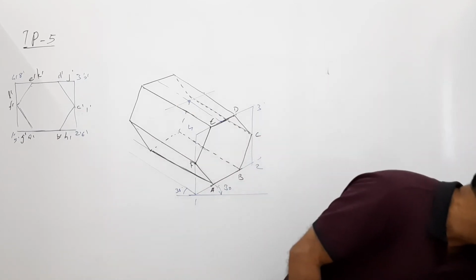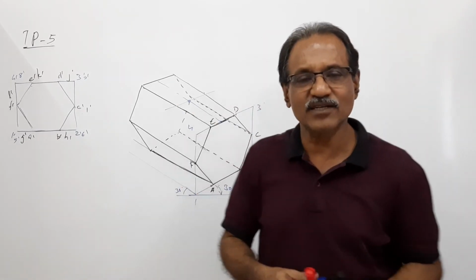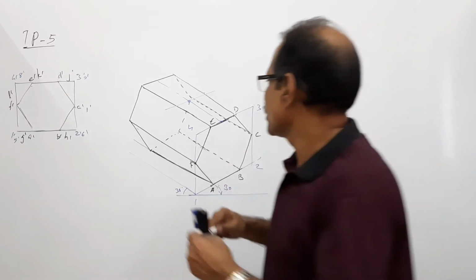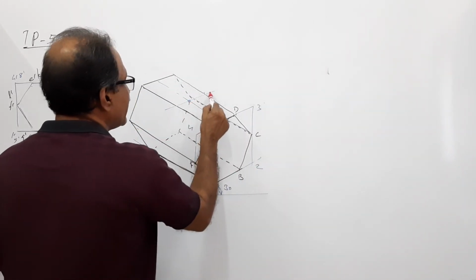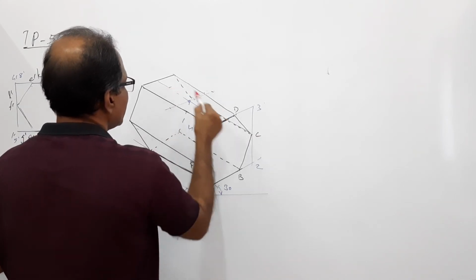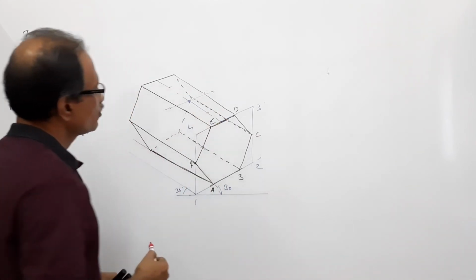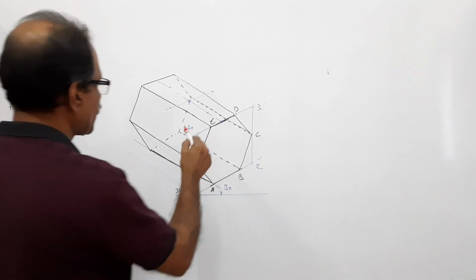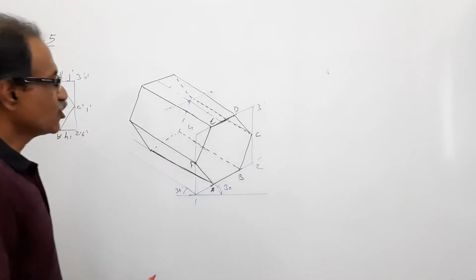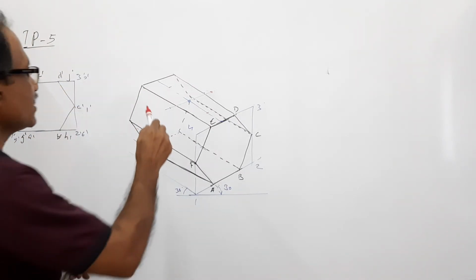Now, the cylinder is standing there. Cylinder diameter is 50, radius is 25. Measure 25 to that side, this side, and this side. Agreed? Then, don't connect them. Draw parallel lines.